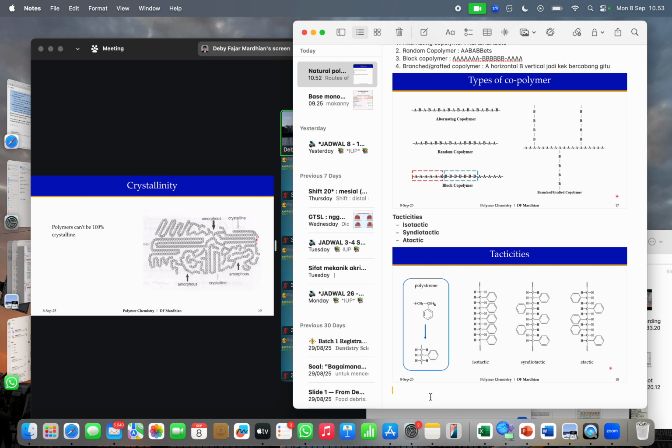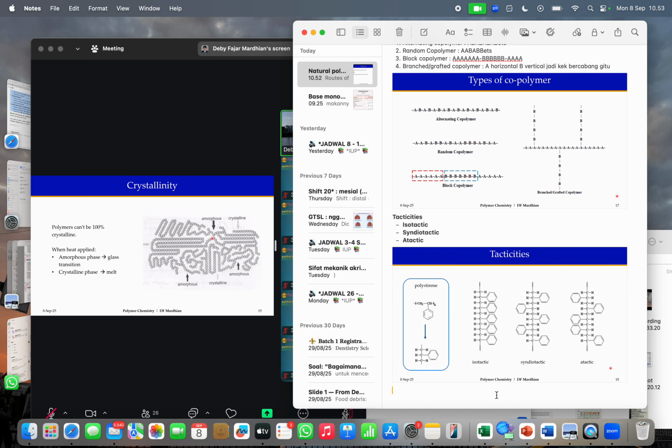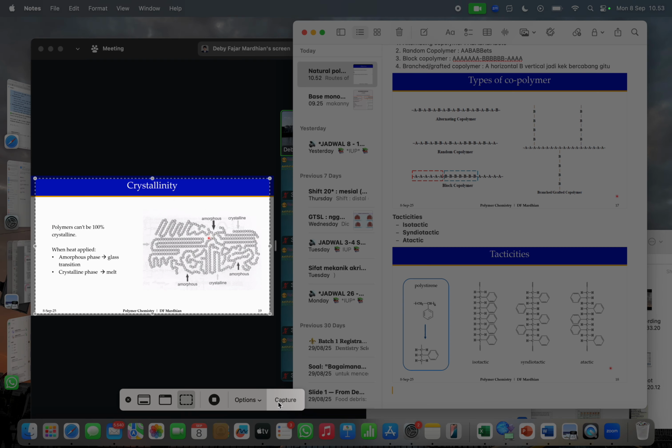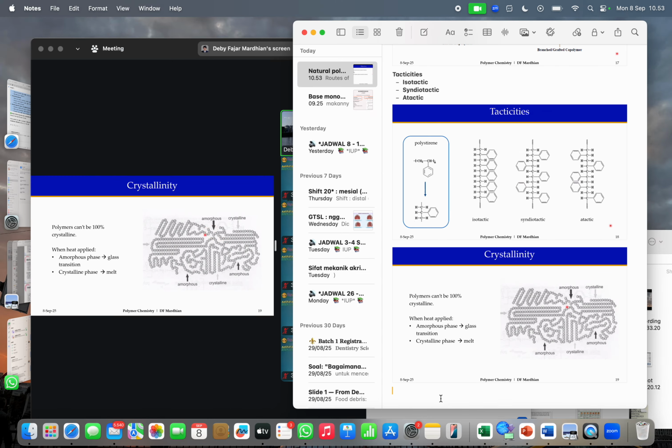So if we look at the arrangement of these molecules, this is randomly placed molecules which create different gaps between each molecule. And defining this situation, we call it amorphous site.